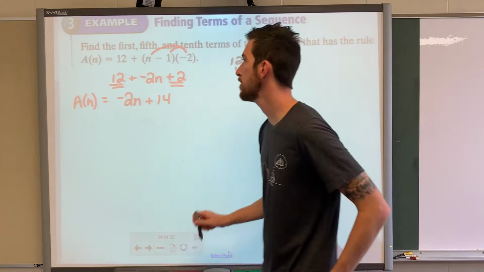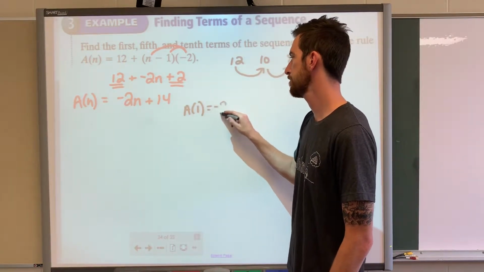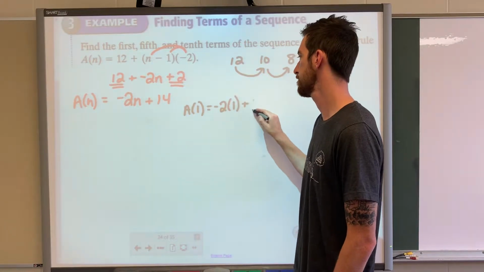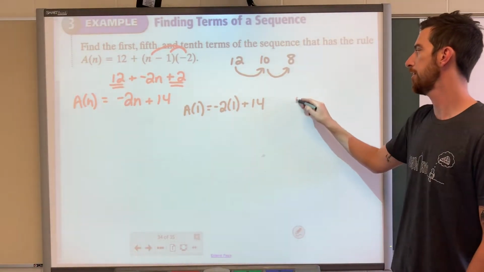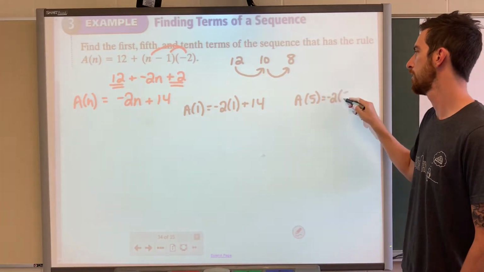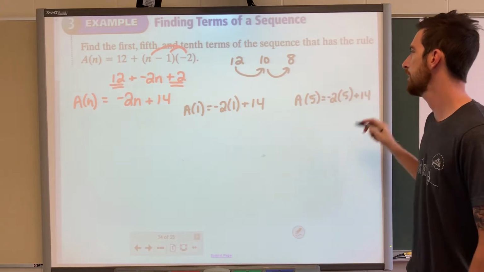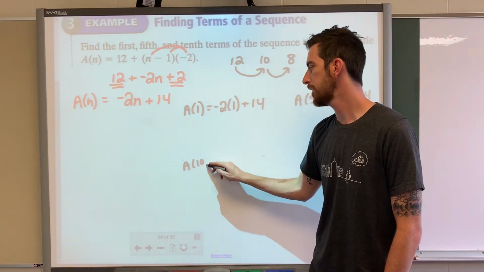So we are going to solve this for a of 1. We have to do it for 5, a of 5. And we have to do it for 10, a of 10.